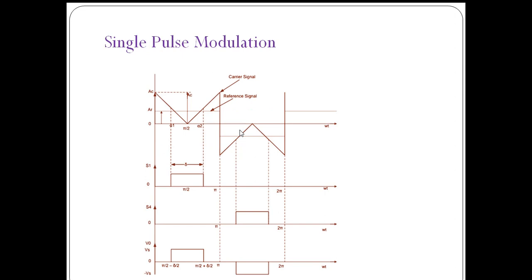So this is the single pulse modulation technique. This is the carrier wave, triangular wave, and the reference waveform is the square wave. Both the reference waveform and carrier waveform are compared.